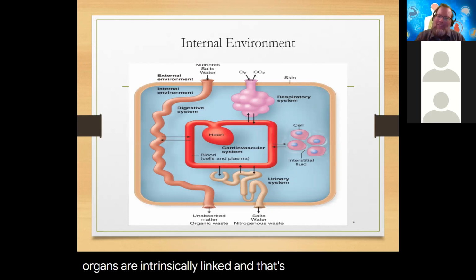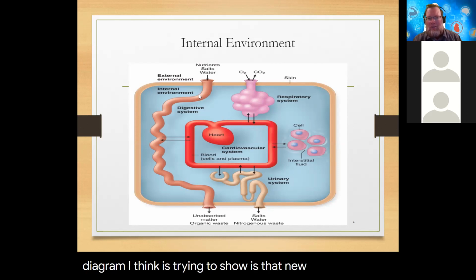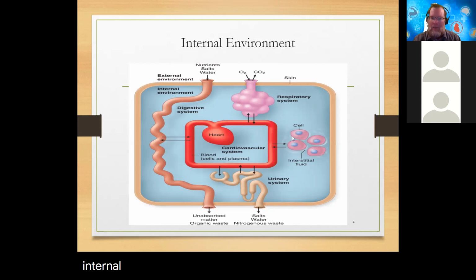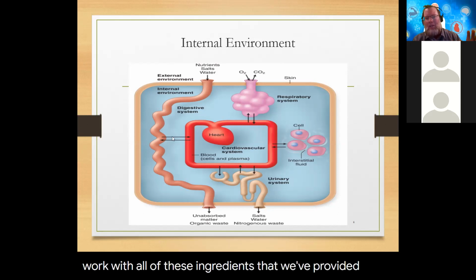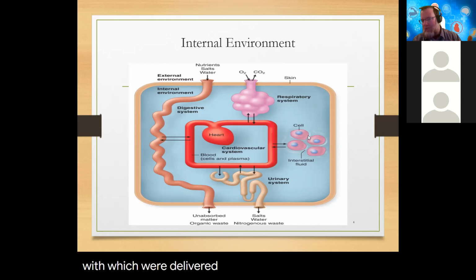And that's kind of what this diagram, I think, is trying to show, is that we bring in nutrients, water, and oxygen from the external environment to the internal environment, and that enables ultimately our cells to work with all of these ingredients that we've provided them with, which were delivered to the cells via the cardiovascular system.